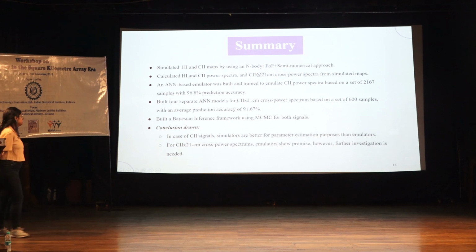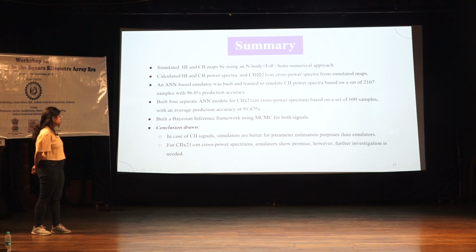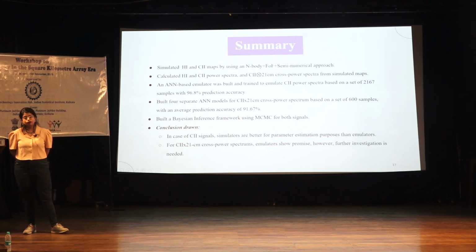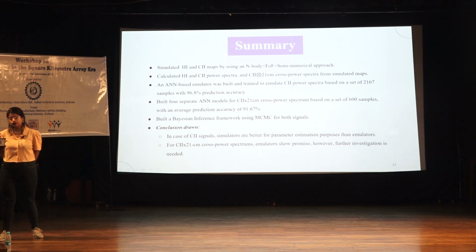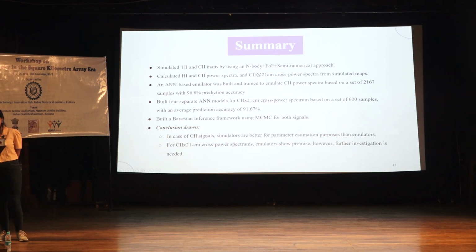And these are the conclusions that were drawn, that in case of C2 signals, simulators are better for parameter estimation than emulators, and for C2 cross 21 centimeter cross power spectrum, emulators show more promise. However, further investigation is needed.